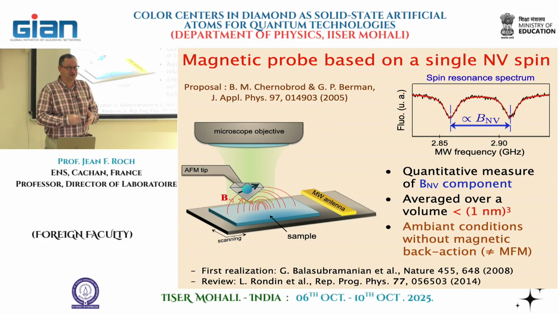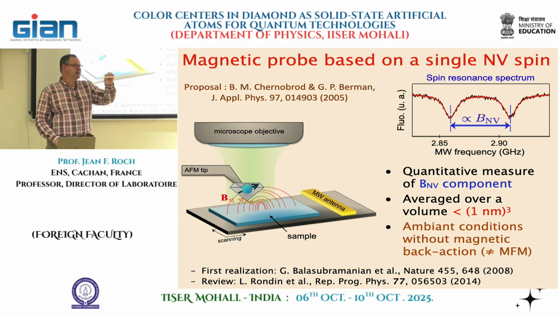But since diamond is non-magnetic, you only see the NV center that is inside. Also, that works in ambient conditions, and you compete somehow with another technology that was developed to map magnetic fields at the nanoscale, which is called magnetic force microscopy.